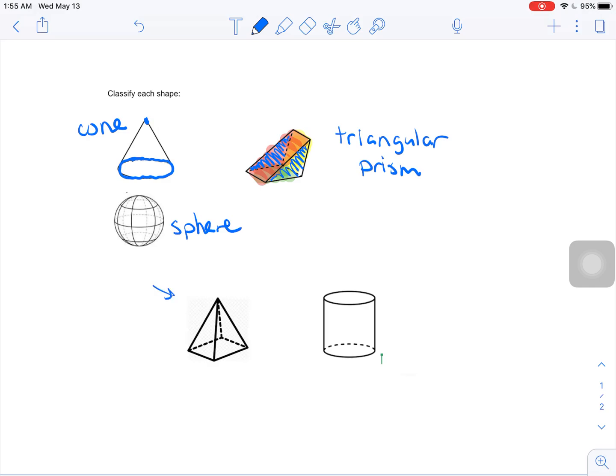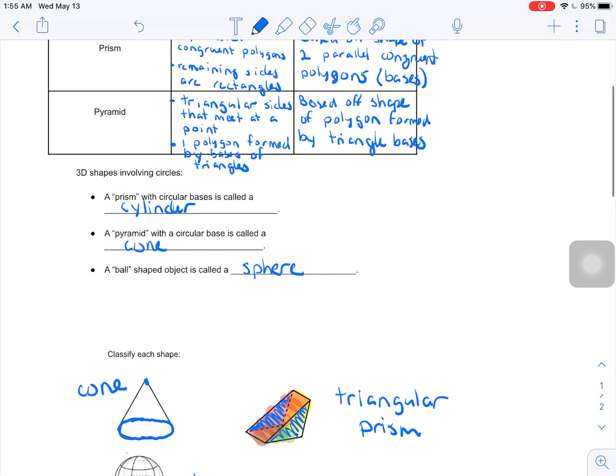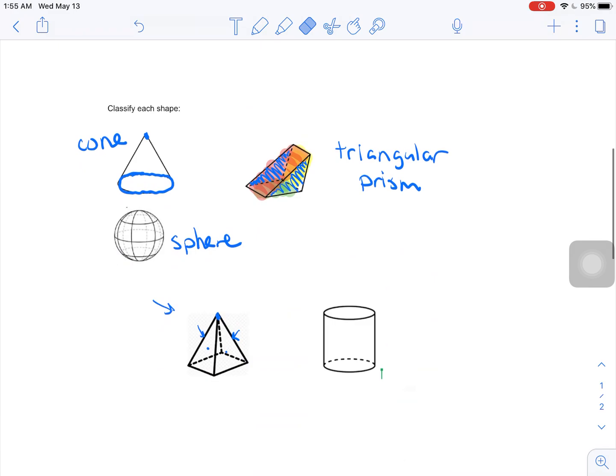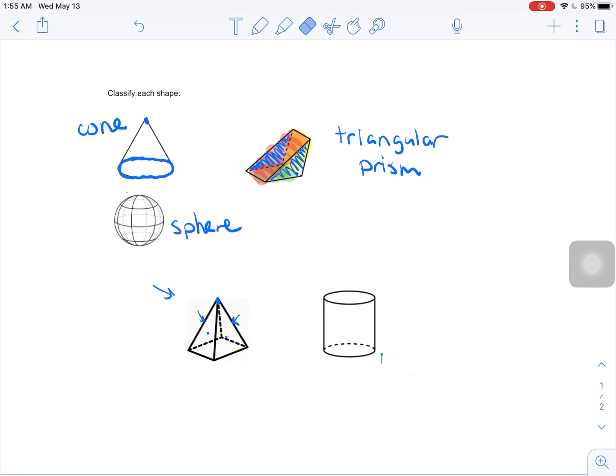This one, we have a bunch of triangles that are meeting at a point. So you can see 1, 2, there's one on the back, 3, 4 different triangular sides that are all meeting up here at a point. And we said that when you have triangular sides that meet at a point, that meets the definition of a pyramid. So that means that this is a pyramid, but we can take that one step further and say what type of pyramid.